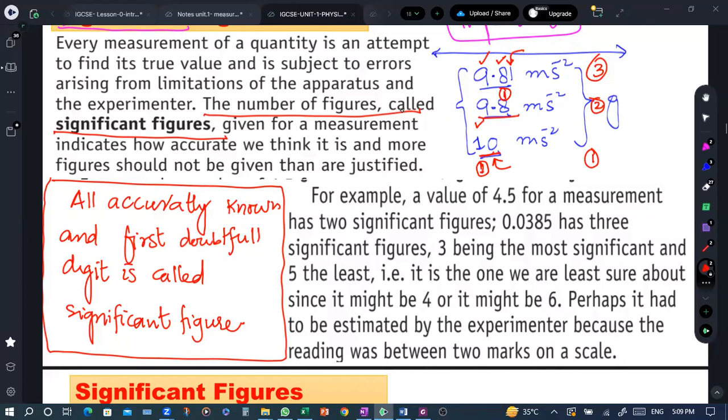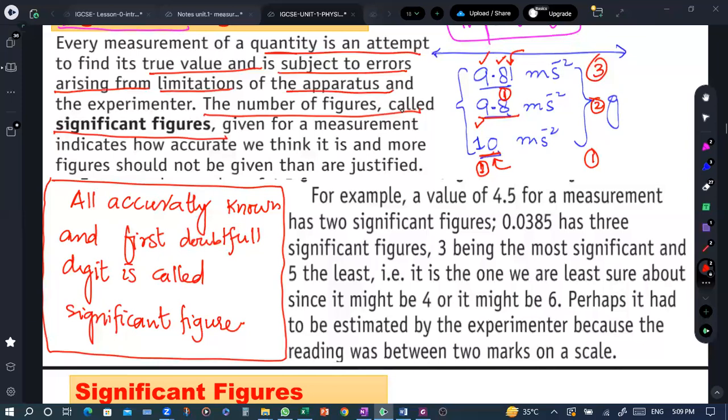Now, every measurement of a quantity is an attempt to find the true value, subject to errors arising from the limitations of the operator and the experiment.